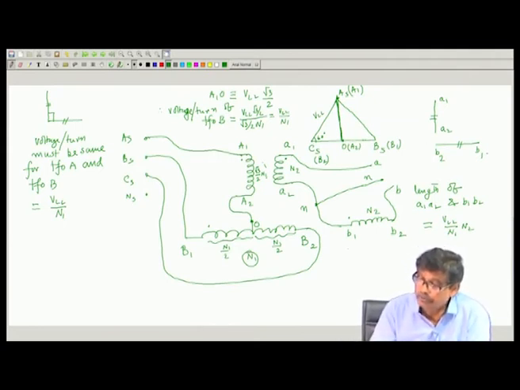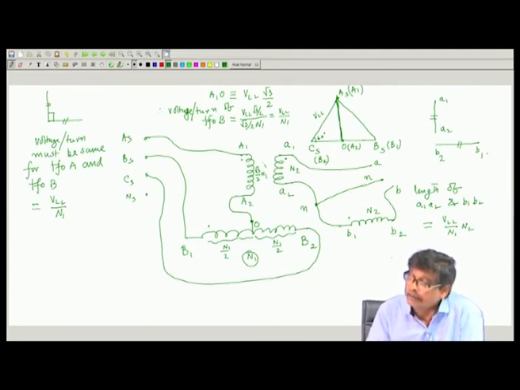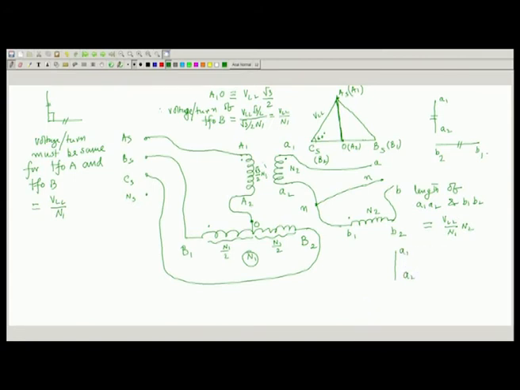What I have joined is A2 with B1. Therefore, I must place this as A1 A2, and I have joined A2 with B1, so it should be placed here. It will be like this.